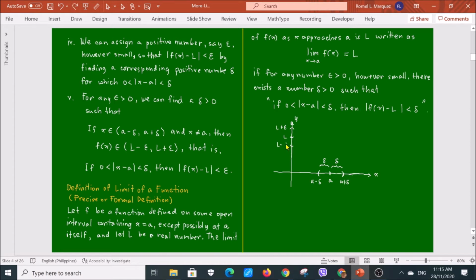And of course, these numbers L plus epsilon and L minus epsilon are inside the interval, and L is contained in between these two numbers. So we have the graph.